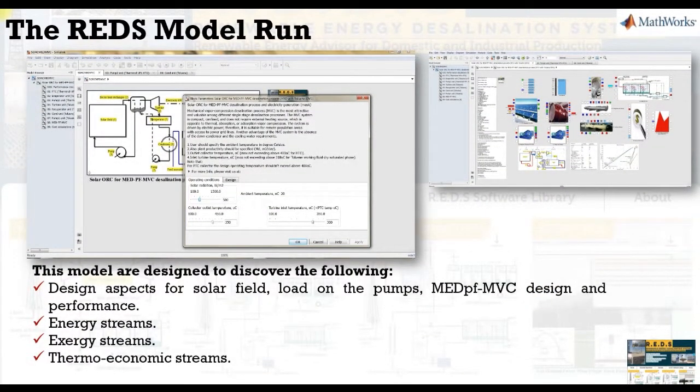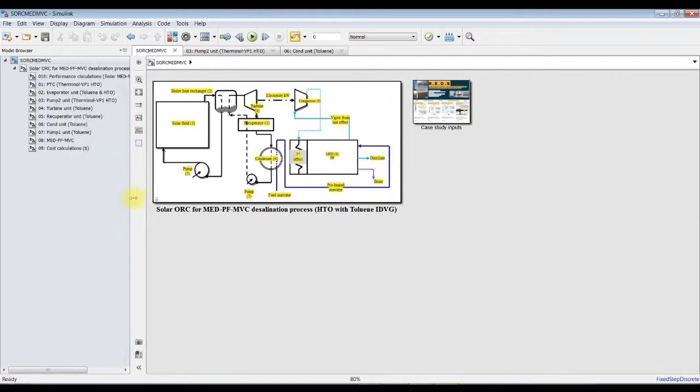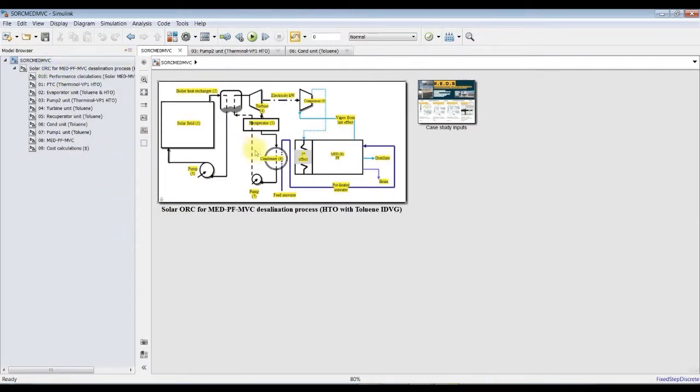Okay, how can we run our model? We are going to discover design aspects, some performance analysis, energy streams, enthalpies, entropies, pressures, exergy, and thermoeconomic streams. Our model should appear like this.